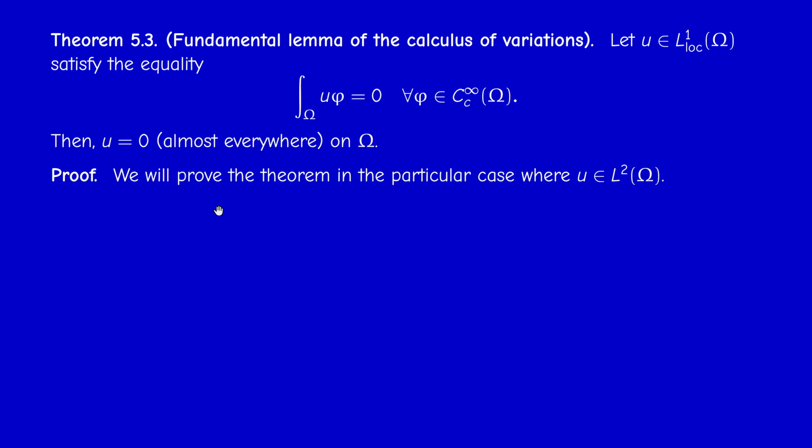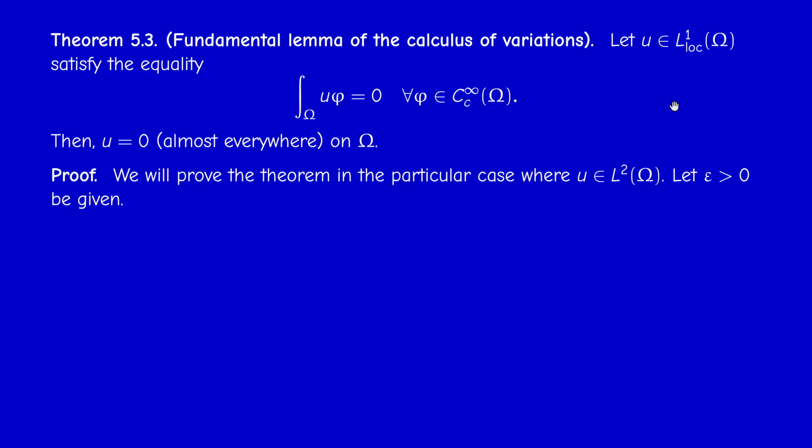Let us present a simple proof of this theorem in a particular case, when u is just in L^2. Of course, L^2 is contained in L^1_loc; L^1_loc is bigger than L^2 and bigger than L^p. You may study these spaces in more detail next semester. I want to prove that u is 0 almost everywhere.